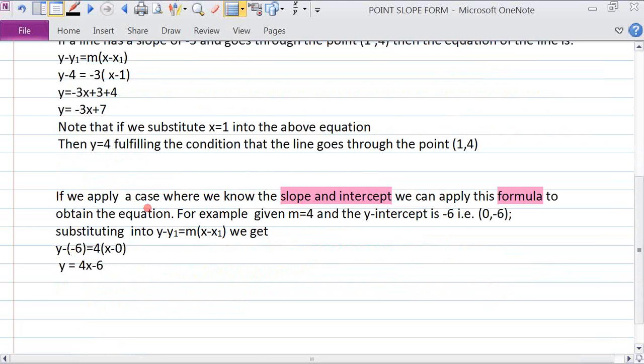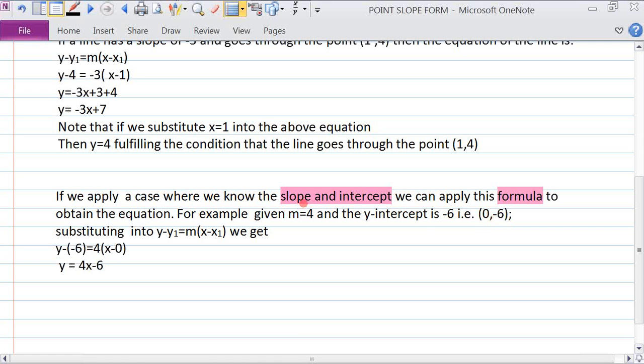Now, if we apply a case where we know the slope and intercept, we can apply this formula to the above equation. For example, supposing we're given m equals 4 and the y-intercept is minus 6. Well, what we really know when we're told that the y-intercept is minus 6 is that we have a point (0, minus 6).